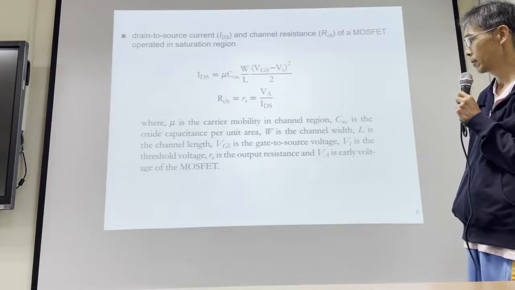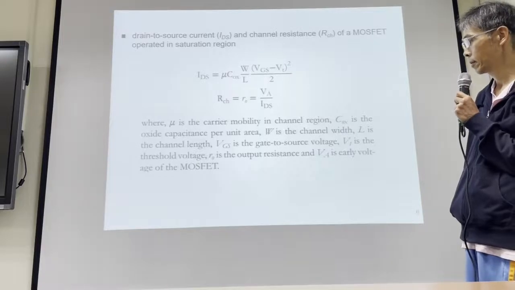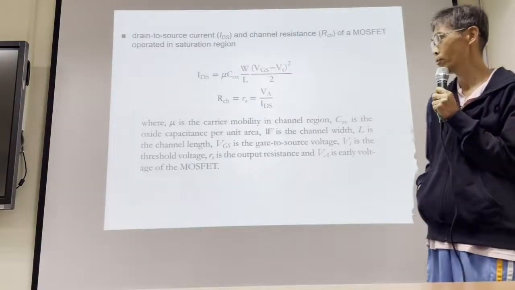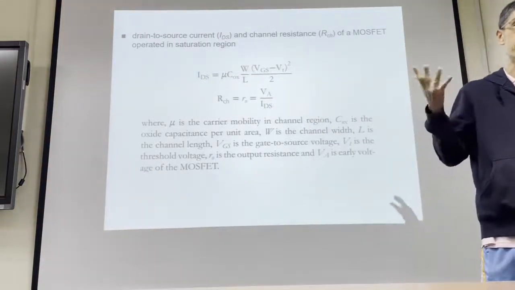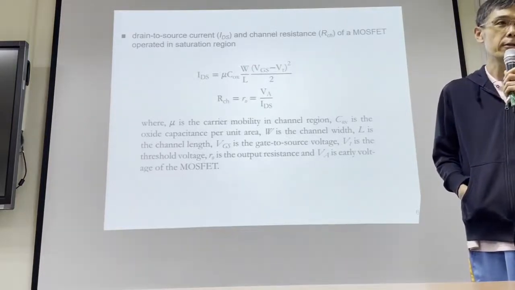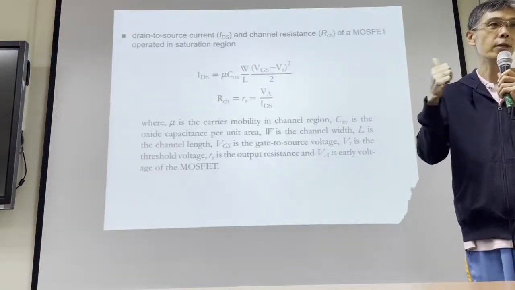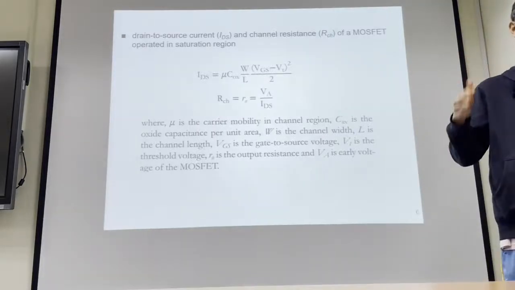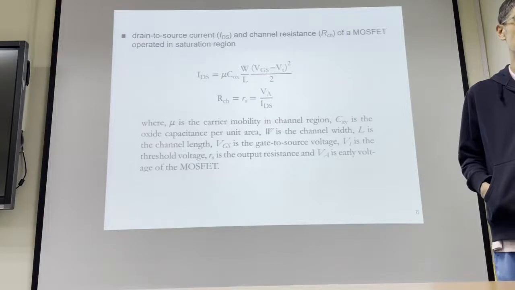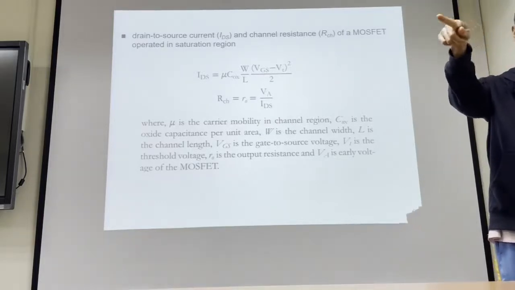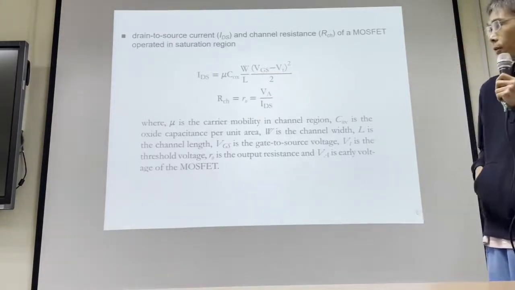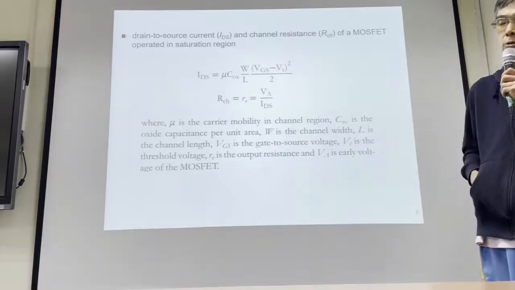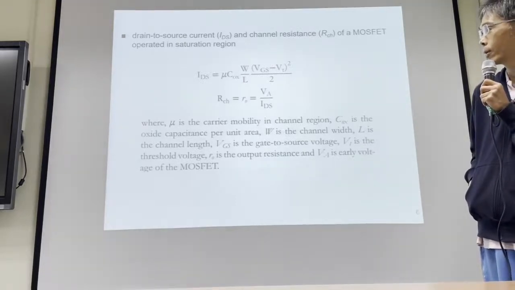RO is the output resistance, and VA is the Early voltage of the MOSFET. Okay, so if you feel a little bit confused, it's okay, because if you have not learned electronics, you won't be too clear, but you can spend some time to read the fundamentals, or you can ask some electrical engineers. That could help you to get more understanding of this terminology. Okay, next page.